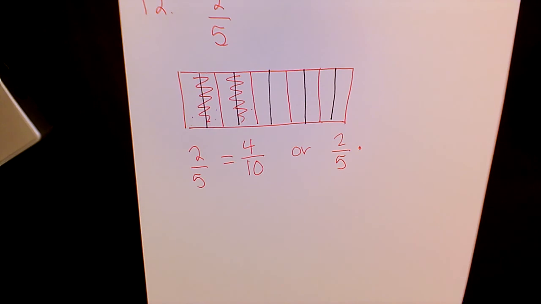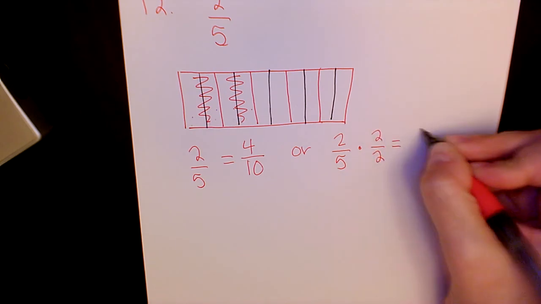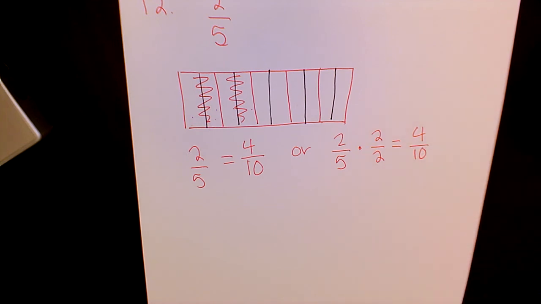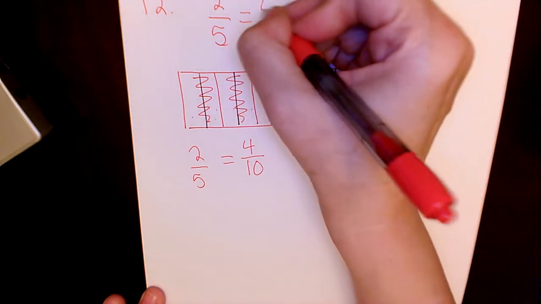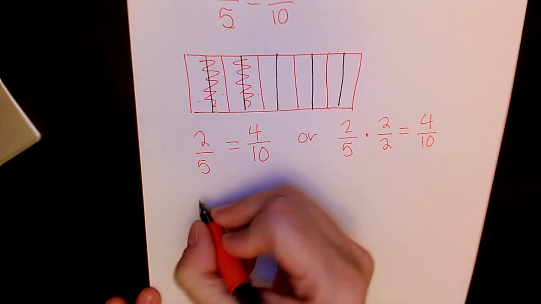Or if you want to just multiply top and bottom by 2, you don't want to draw, you can do that. Now this is 1 fraction. I need 3. I need 2 more.